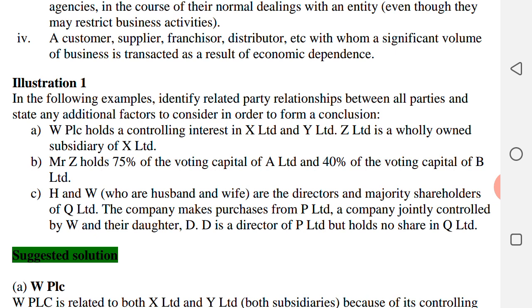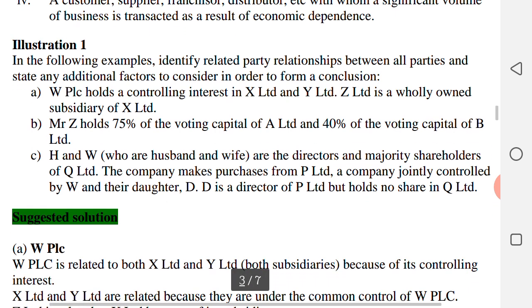B. Mr. Z owns 75% of the voting capital of A. That means Mr. Z is the owner of A, and 40% of the voting capital of B. C. H and W are husband and wife. They are a couple, and are the directors and majority shareholders of Q Limited.